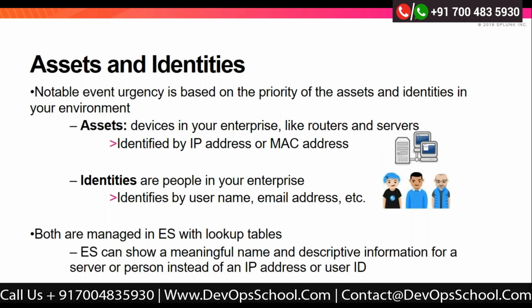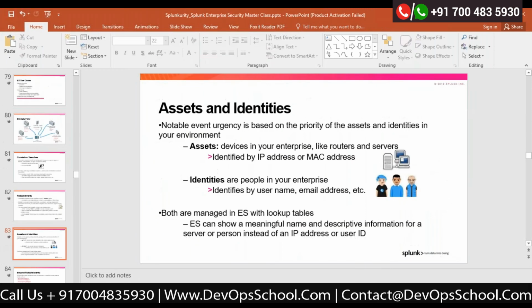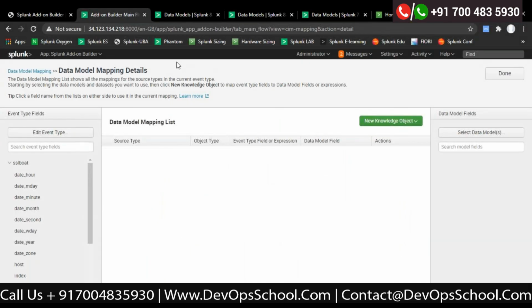If the same attack happens on the VP's laptop and on your laptop, the urgency of the notable event for the VP will be higher than yours, because it depends on asset and identity. And these things can be managed in the lookup table. I will tell you how you can manage that, but before that, let me take you through Enterprise Security.